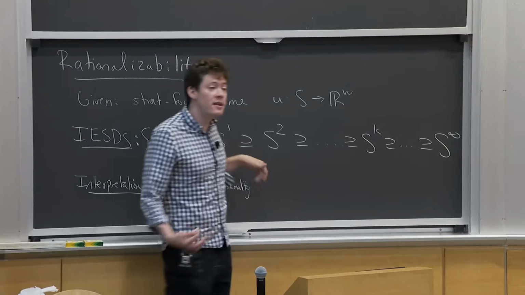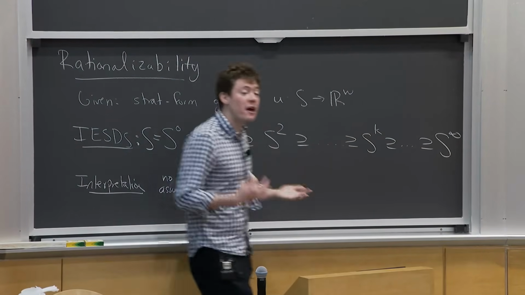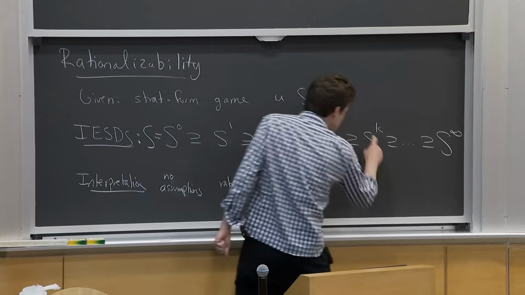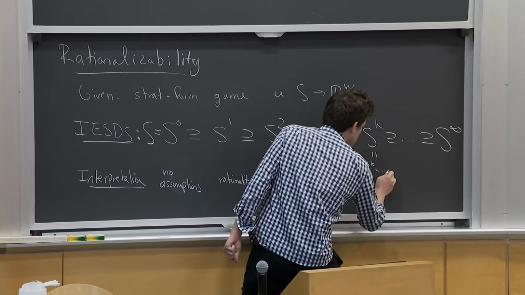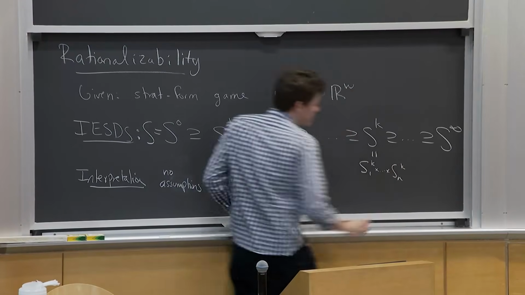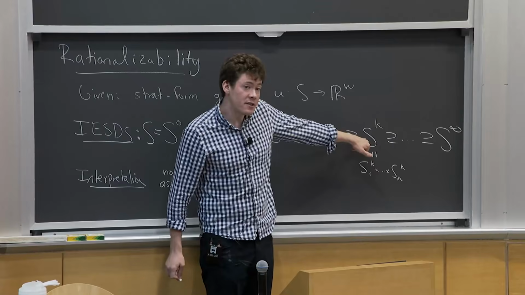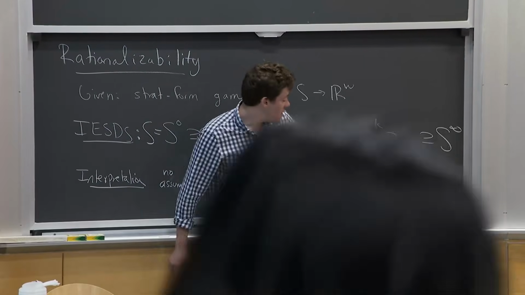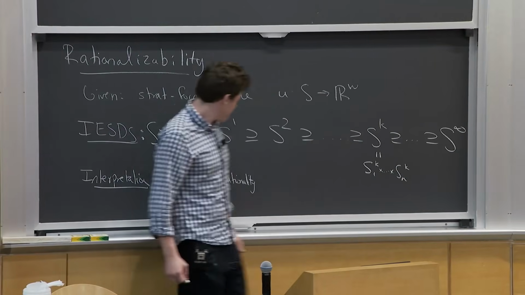So capital S1 is the set of strategy profiles that are consistent with every player's rationality. And just to remember, when I write S capital K, this is really a product, like this. So S capital K is a set of strategy profiles that contain a strategy for player 1 in the set S1K, all the way up to a strategy for player N in the set SNK.